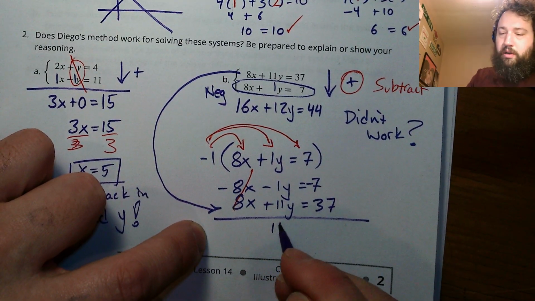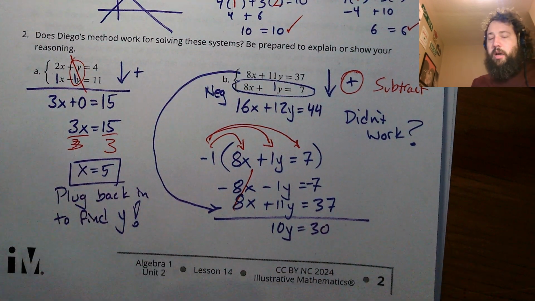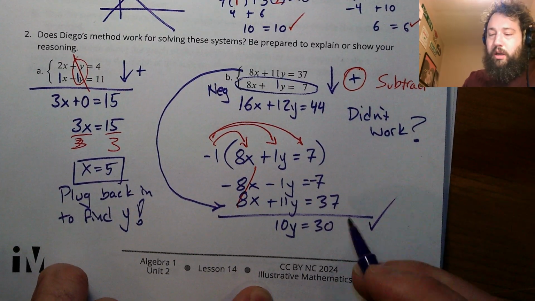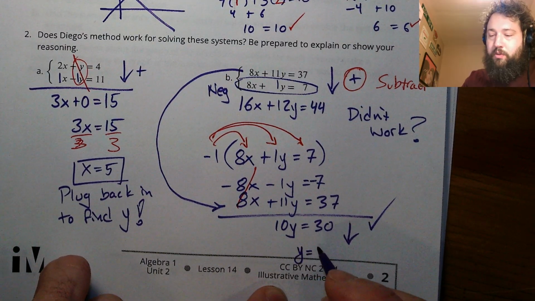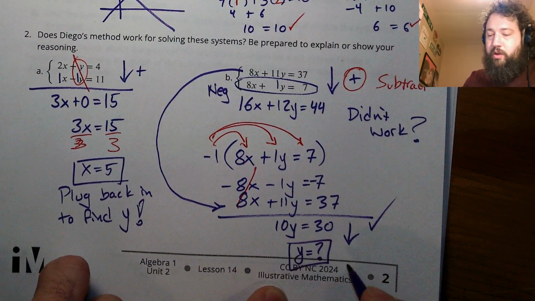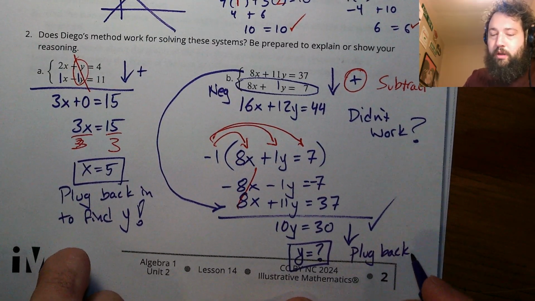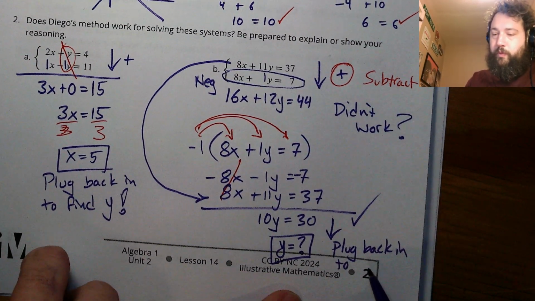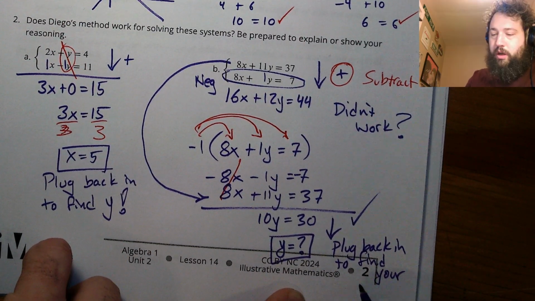I'll get 10y equals 30. And now I have an elimination. This did work. And I'll let you figure out what my y is. y equals question mark. And then you're going to go ahead and plug back in to find your x.